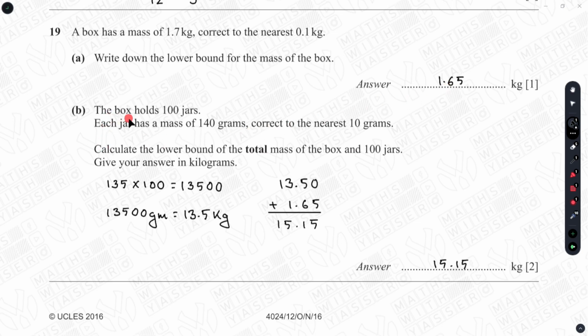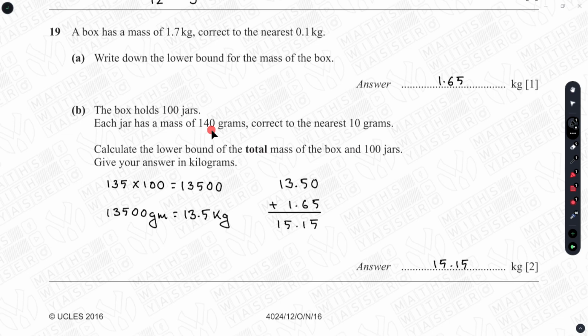Then it says the box holds 100 jars. Each jar has a mass of 140 grams, correct to the nearest 10 grams. Calculate the lower bound of the total mass of the box and 100 jars, giving your answer in kilograms.